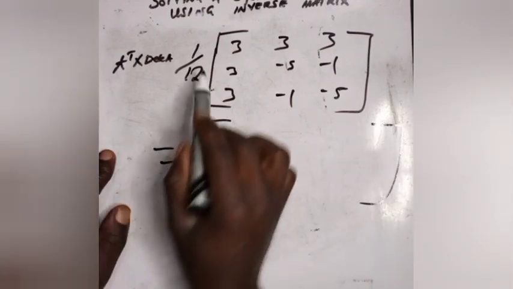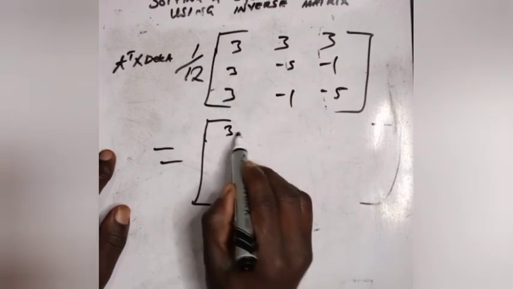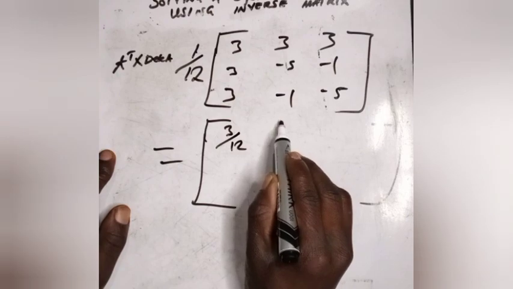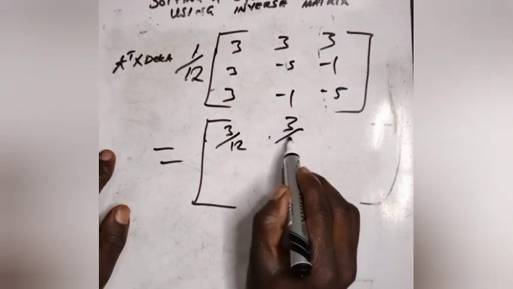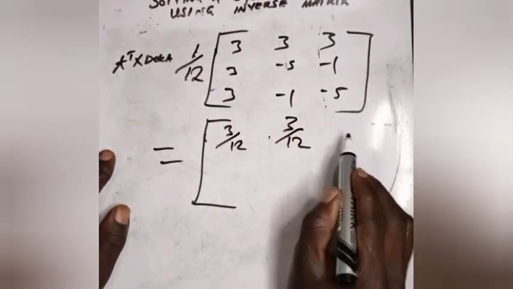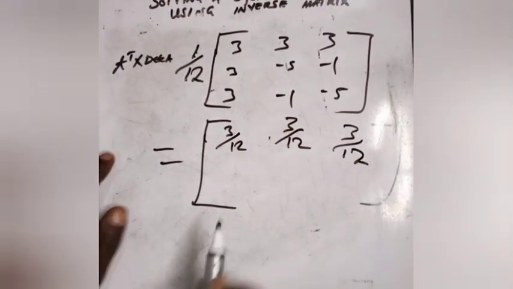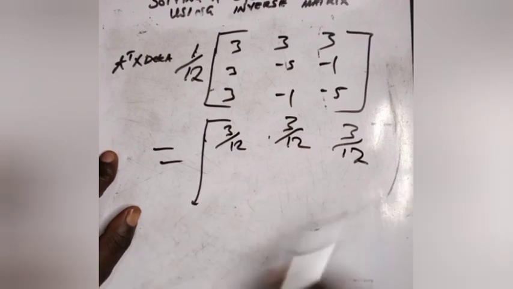Now let's multiply the transpose of A by 1 over the determinant. When we multiply 1 times 3, which is 3/12, 1 times 3, 3/12, 1 times 3, 3/12. Then let's extend this one.